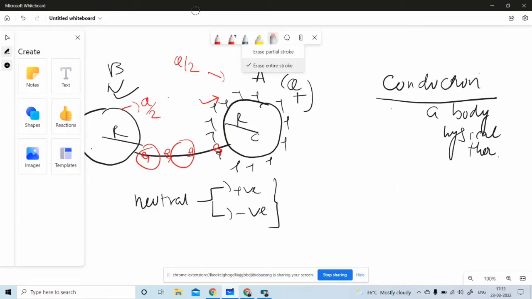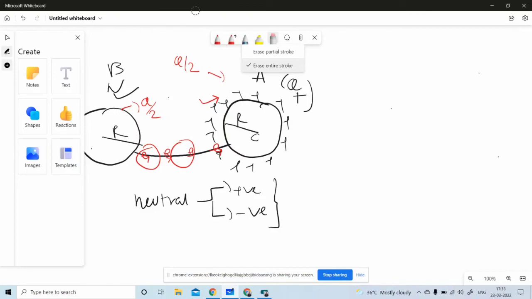Once again, B was electrically neutral before and A was positively charged with a charge of Q total. When B is made to contact A with the help of a conducting wire, a few electrons from B will move towards A.